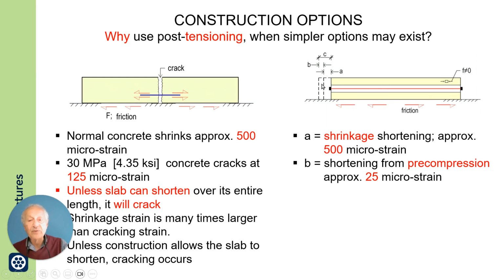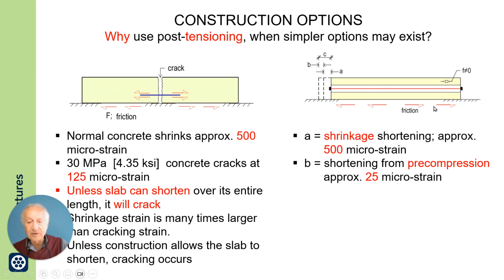And when you apply post-tensioning, the post-tensioning pushes the ends of the slab toward one another, and the slab on rollers will compress. That brings us to the critical question of designing industrial slabs: you have to allow the slab to shorten. Your target should be a very, very small friction.